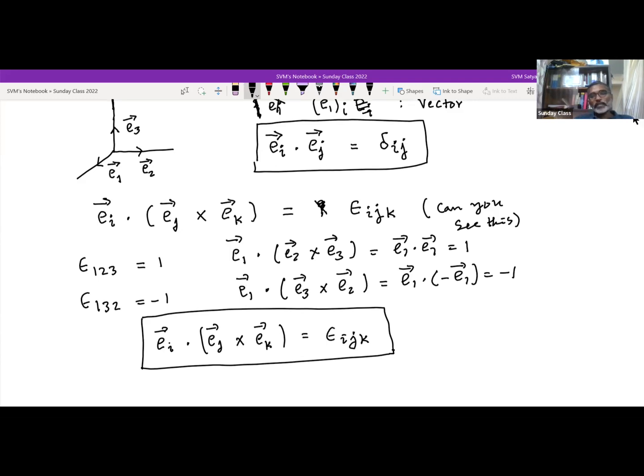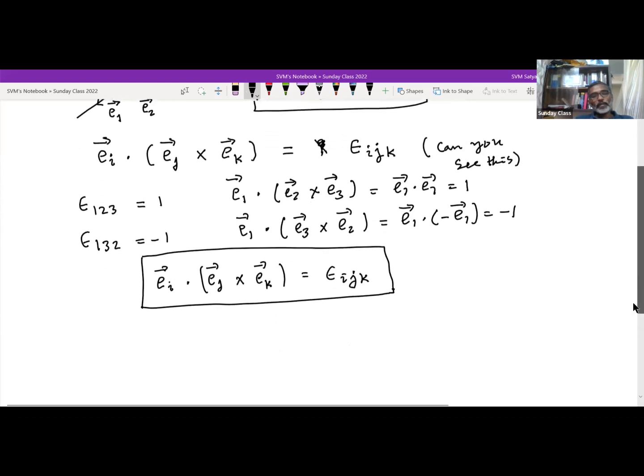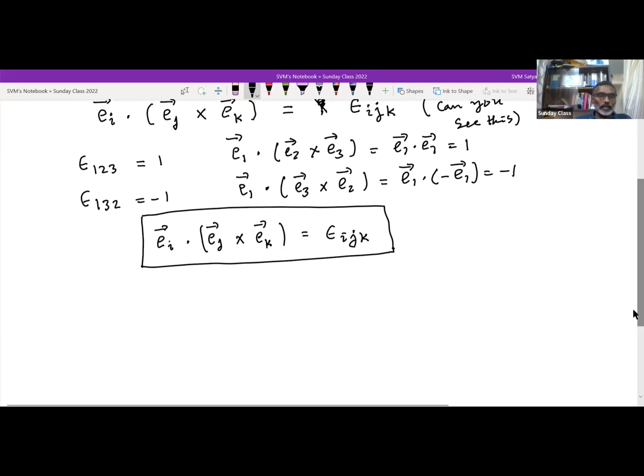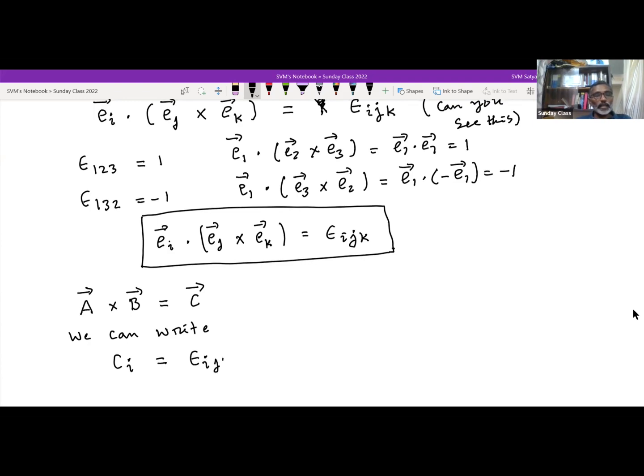Now from here, it is very easy to visualize that if you have a vector A and a vector B, whose cross product is equal to a vector C, we can write Ci is equal to epsilon ijk Aj Bk.